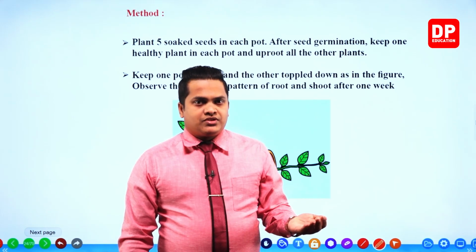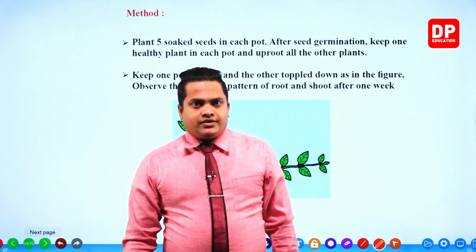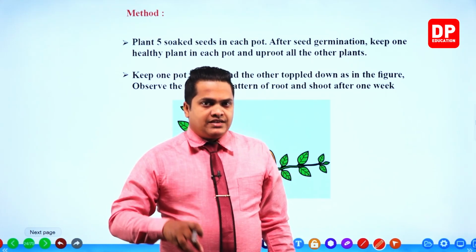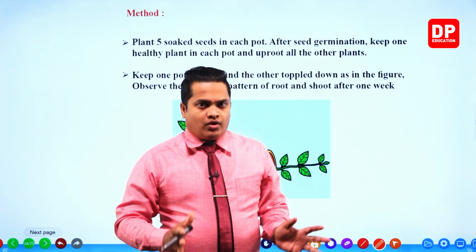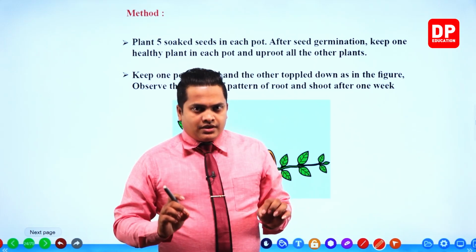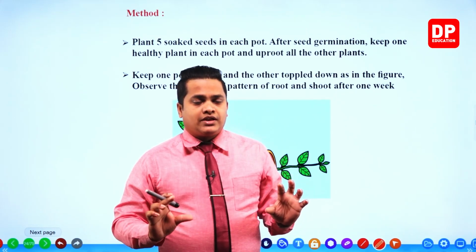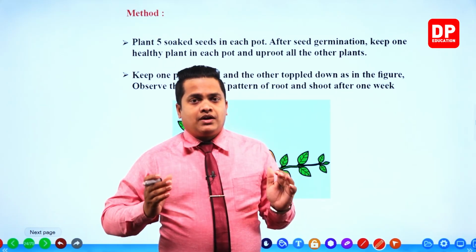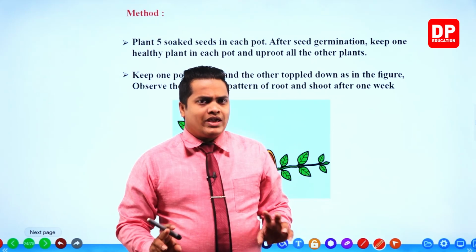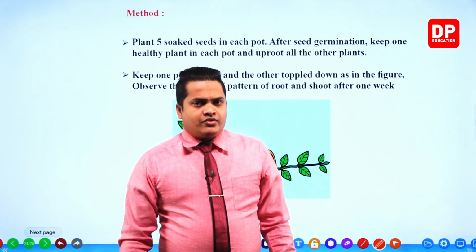So place about 5 seeds in each pot separately, then keep it for some time so that they will germinate and the growth of the plant will start. Then after several days, you have to select a healthy plant in each pot and remove all the other plants.